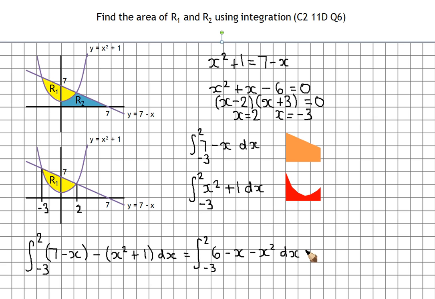Now when I integrate that, 6 is going to become 6x to the 1 divided by 1. That's going to become x squared over 2. And this is going to become x to the power of 3 over 3. And we want to evaluate that between 2 and minus 3.